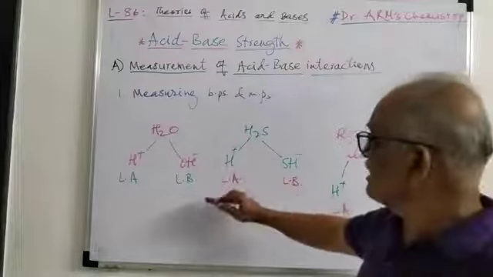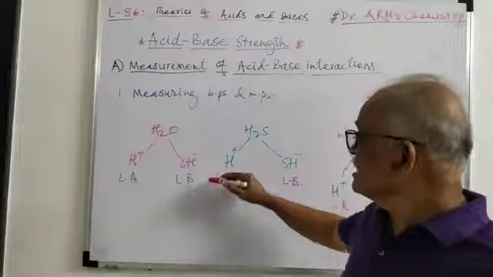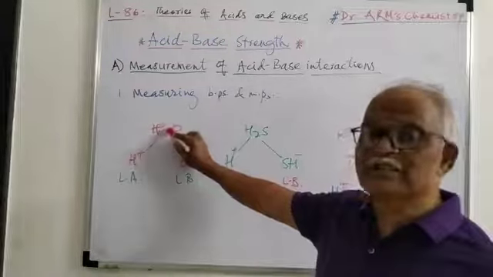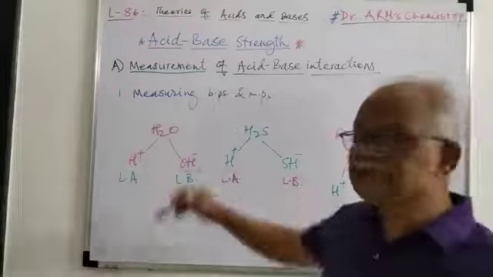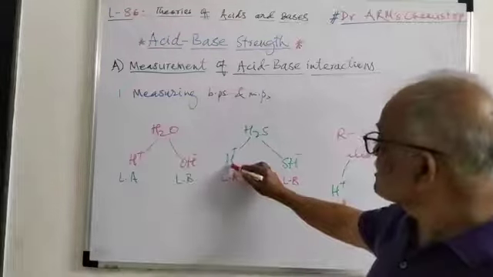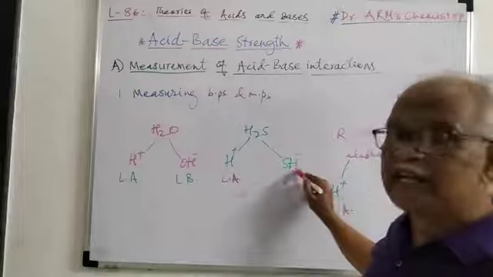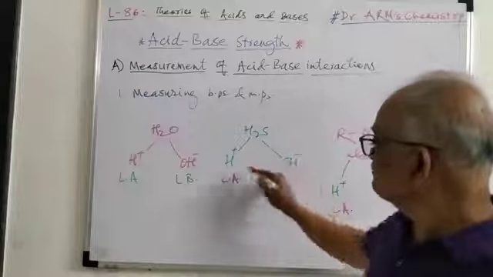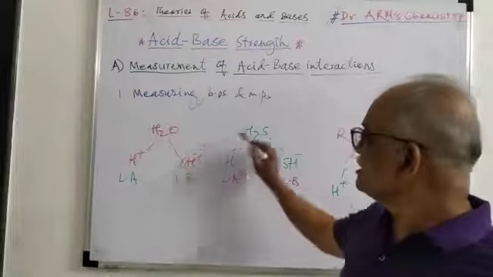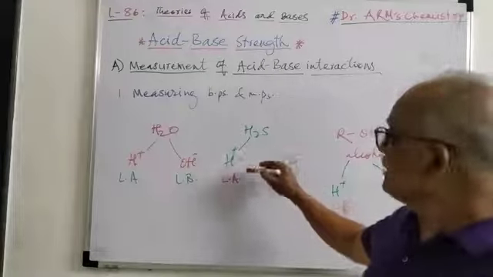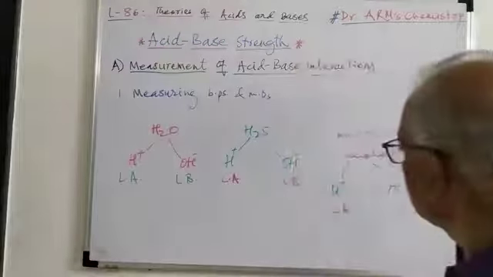This is because the interaction between H+ and OH- is very strong. The strength of the bond produced between H and OH is also very strong, and that is why it is stable. But in H2S, we have Lewis acid H+ and Lewis base SH-, and the interaction between these two is comparatively much weaker, and that is why H2S is relatively less stable.